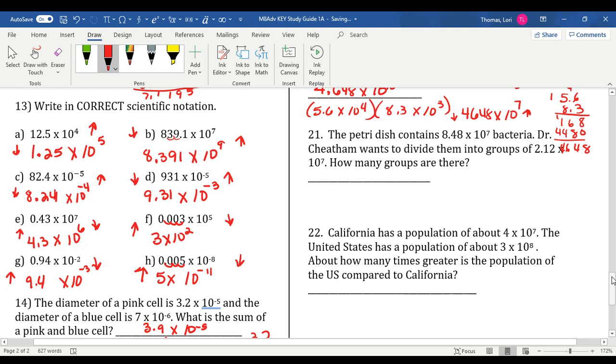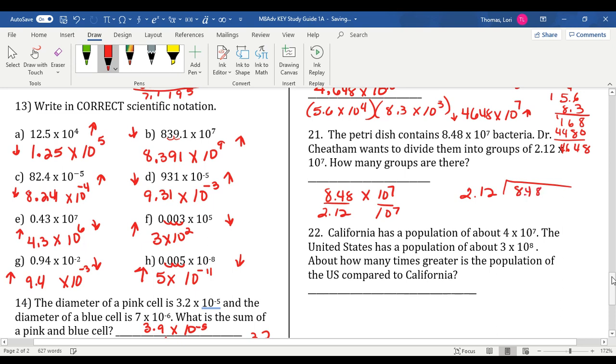So the petri dish contains this much bacteria. Dr. Cheatham wants to divide them into groups of 2.12 times 10 to the 7. How many groups are there? So we're simply just going to divide. So the top goes in the box.